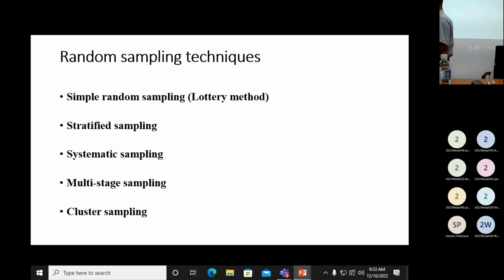From an example, we understand better. Suppose that there are 100 employees, and we need a sample size of 10 employees.